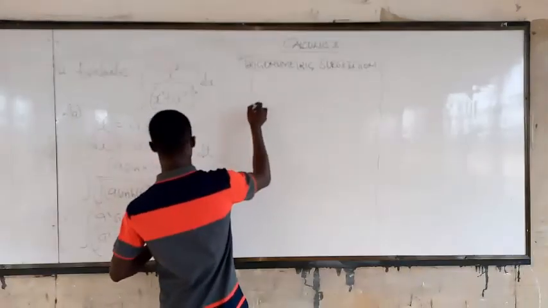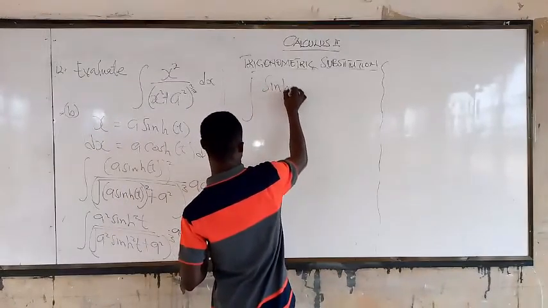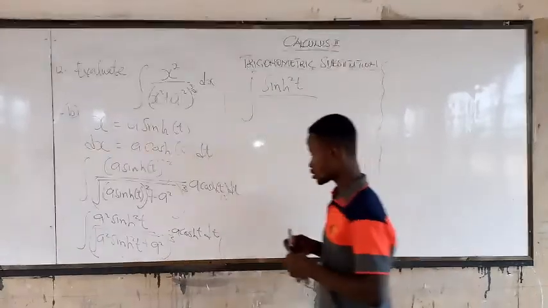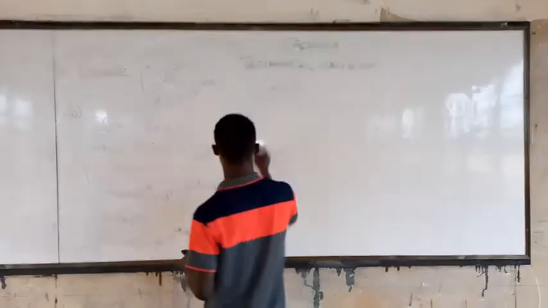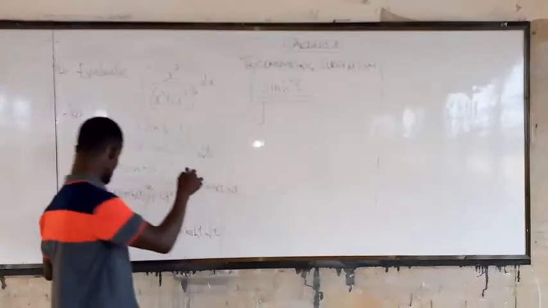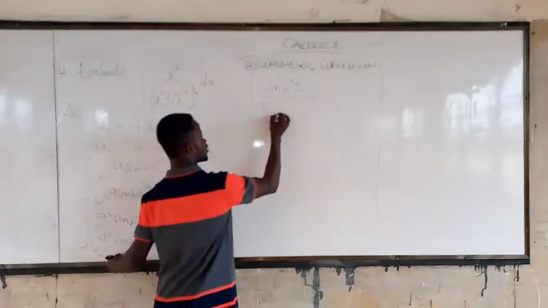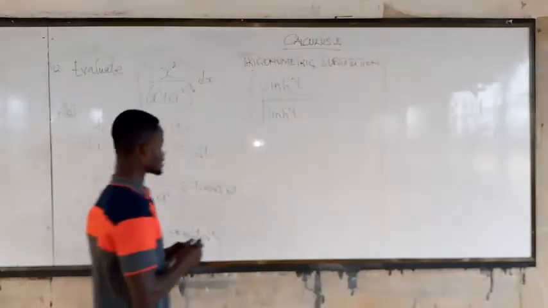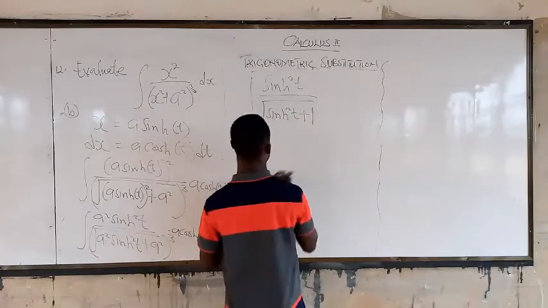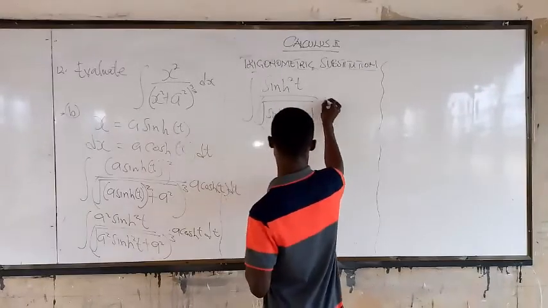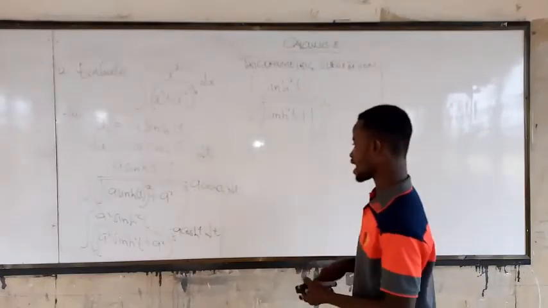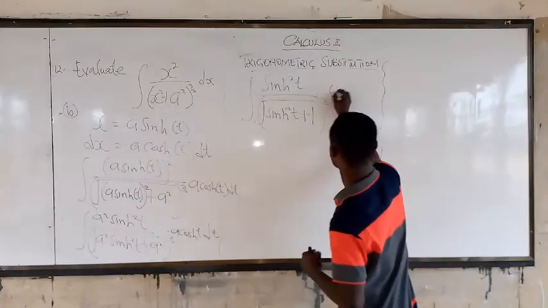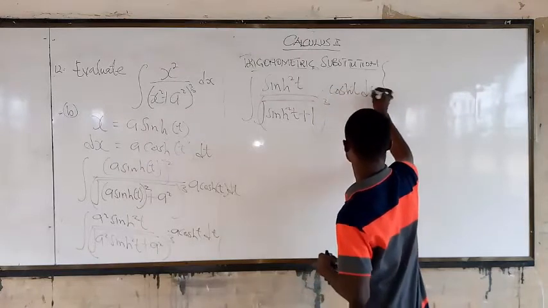And we are going to get sinh squared t over the square root of (sinh squared t plus 1), all cubed. Don't forget this. We have already multiplied by the a, and that's it. So we get cosh t dt.